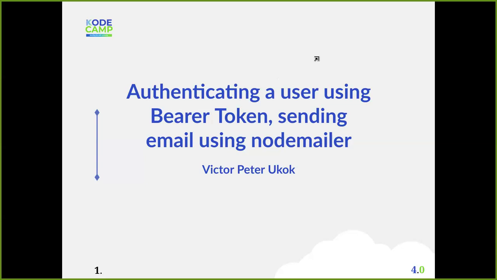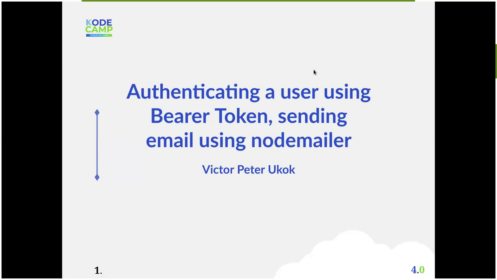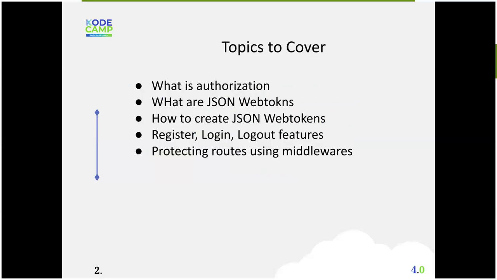Okay, cool. So we are talking about authenticating a user using bearer token, and then how to send email using NodeMailer. We are going to talk about some things related to these topics. We'll look at what authorization is.